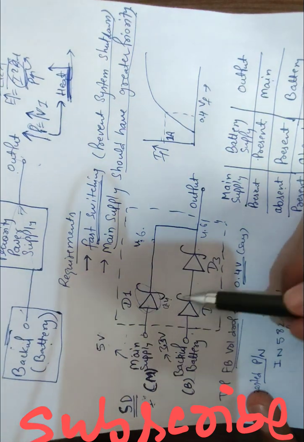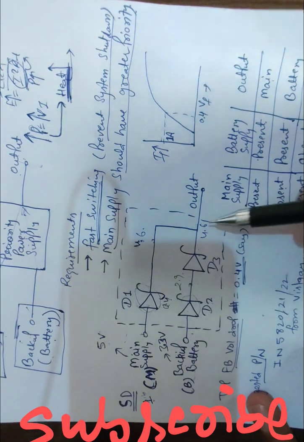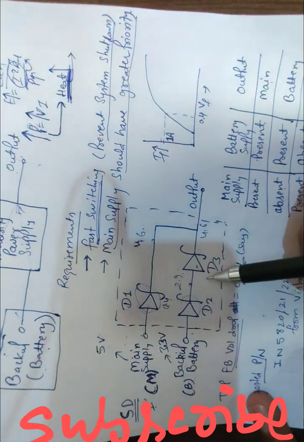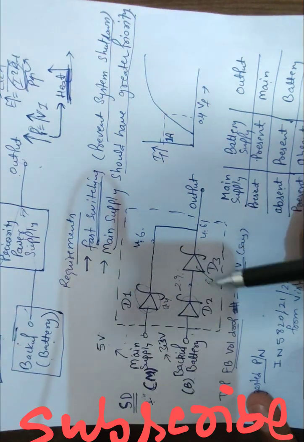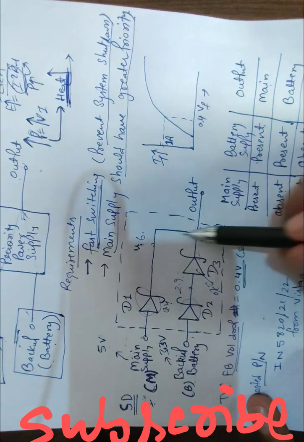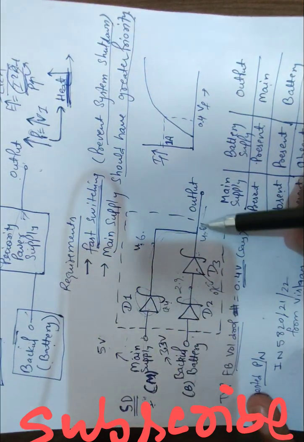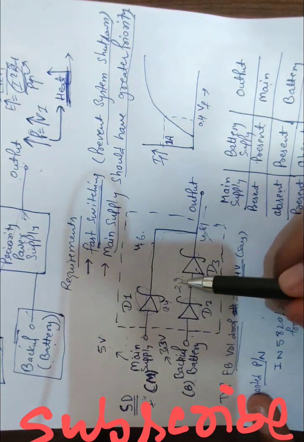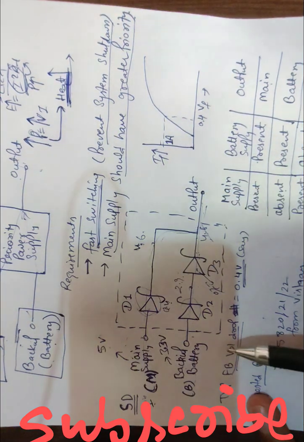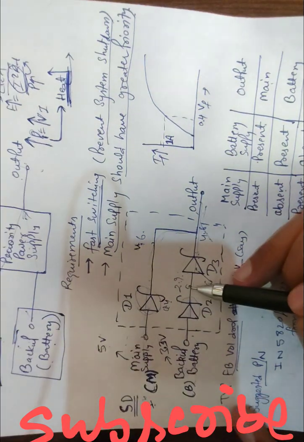If I consider this other diode is conducting, then here is 2.9 volt, and 2.9 is lesser than 4.6, so this diode is not conducting. It is an open circuit, so the output will connect to the main supply. When the main supply is not there, this 4.6 is not there, so this 2.9 is greater than 0, and this supply will go to the output. Okay, this is the basic principle of this circuit.